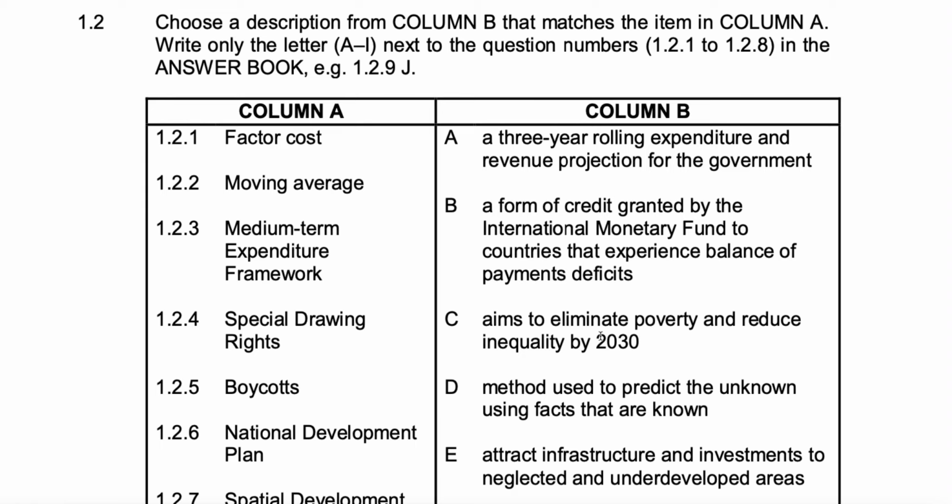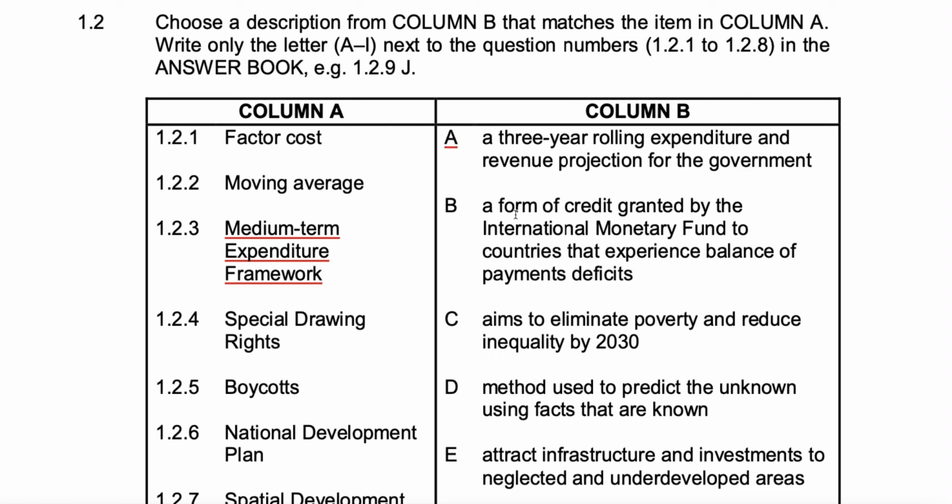So here's how you should do it. The same way you did your multiple choice, that you try to answer it in your head first. Okay, so a 3-year rolling budget, a 3-year rolling expenditure and revenue projection, which is just a 3-year rolling budget for the government. Well, this is the medium-term expenditure framework. So this is out. So you eliminate A.